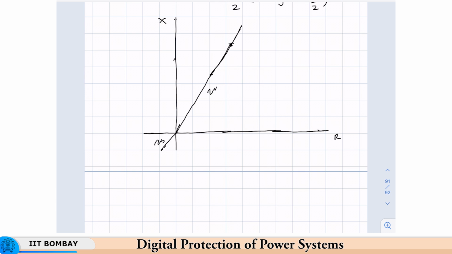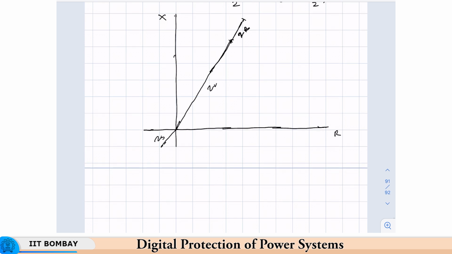So, they will see Zr here. Now, as it is drawn, it has an inherent assumption that if you see that the slope of all these ZL, Zs, Zr is the same, which means that the impedance angle is the same. Okay.